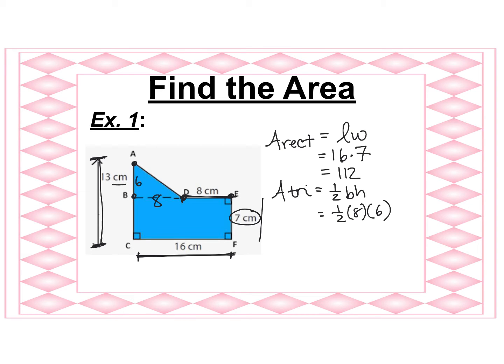Be careful, some kids might think it's 13, but it's only 6 for the triangle. So then I have 4 times 6, which is 24. And then the area of the whole shape is going to be adding those together: 112 plus 24, and we get 136. My units are centimeters, and because we're doing area, it's going to be centimeters squared.